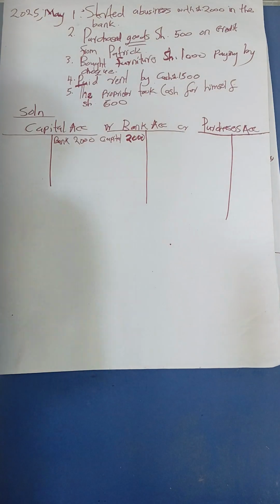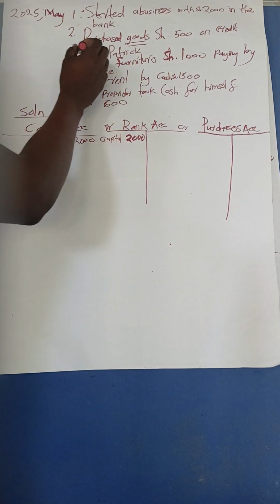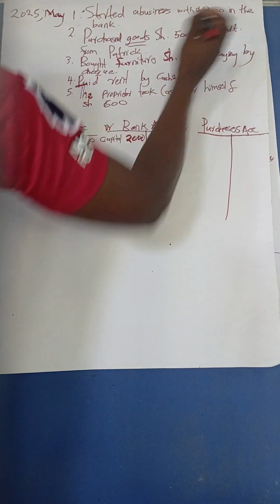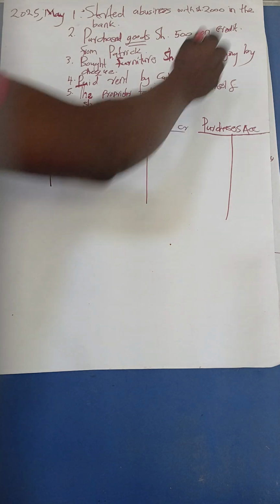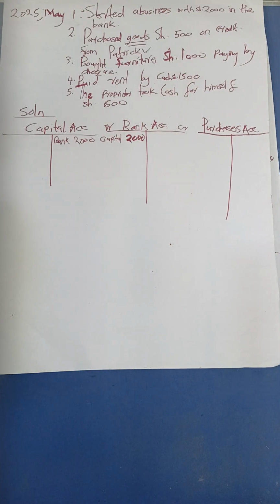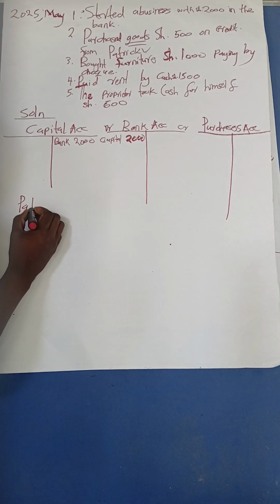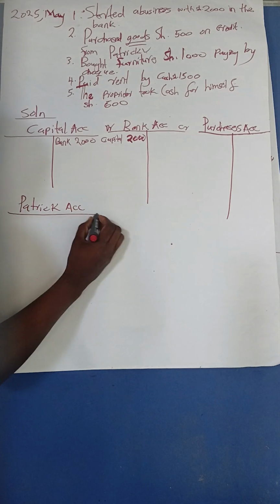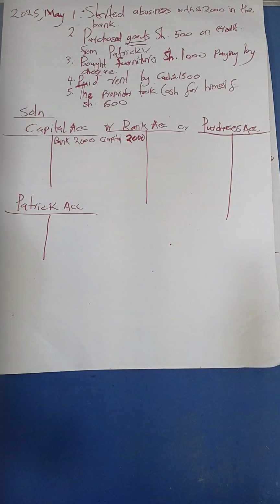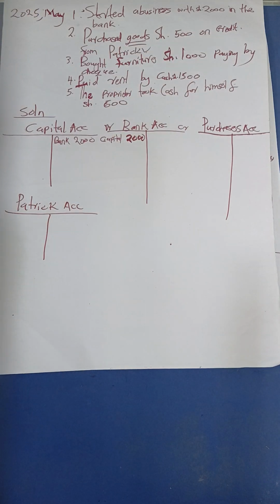On credit from. If they could have stopped there at on credit, I could have just opened the creditors account. But if they have mentioned the creditor, who is now Patrick, I will open the Patrick account. If they could have not mentioned Patrick, I could have just opened the creditors account.